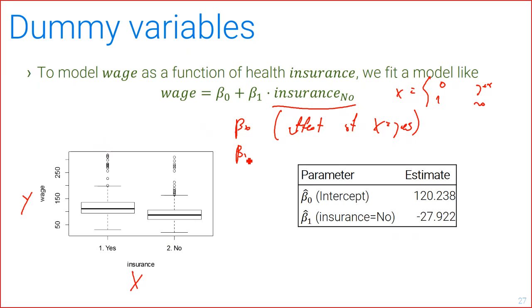Then beta 1 is active in the model only for the case of insurance no. So it would be the effect of X equals no as a deviation from the baseline, from beta 0. Beta 0 would be measuring 120 here, and beta 1 would be measuring this negative deviation of minus 28 units. This is what the model would do.